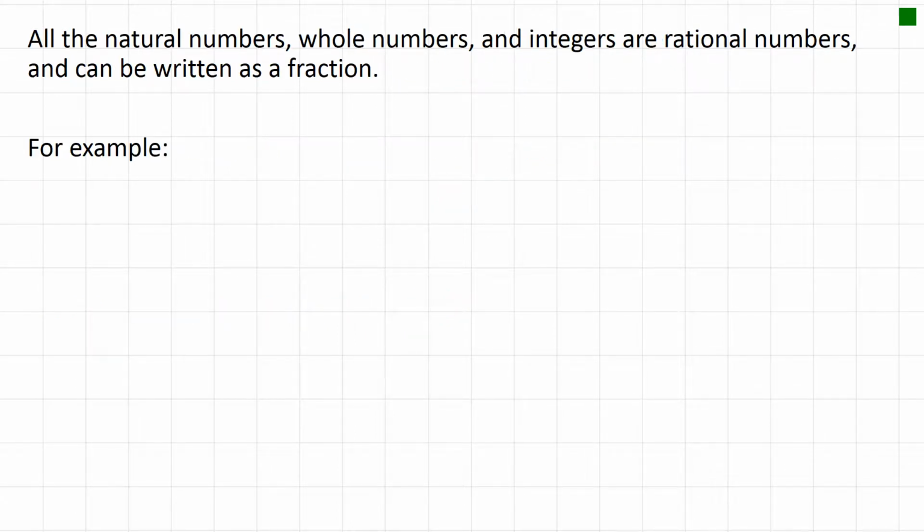Now, by that definition, all the natural numbers, all the whole numbers, and integers are rational numbers. We can write all those as a fraction. For example, 4, which is a natural number, a whole number, and an integer, we can write as 4 over 1. So that's a rational number. Same goes with 0. 0 can be 0 over 1, or even 0 over 2.